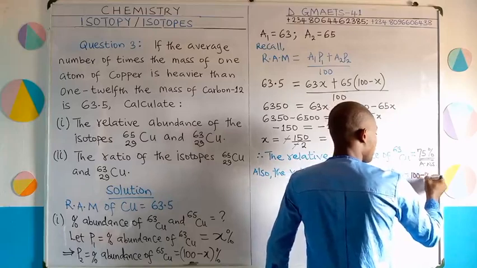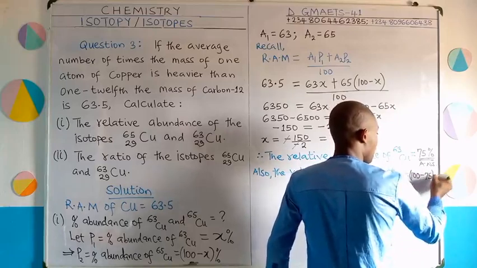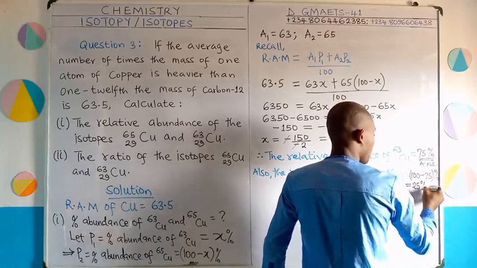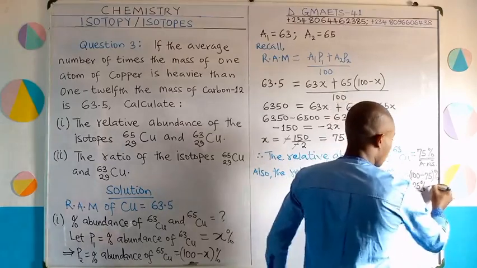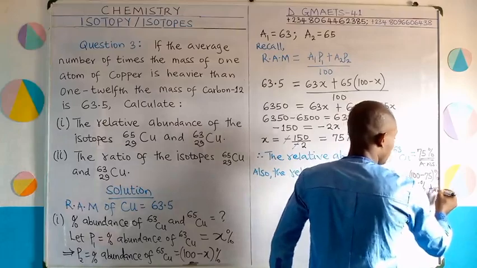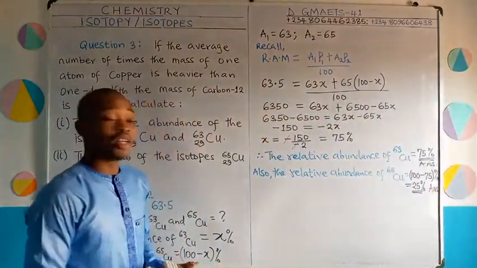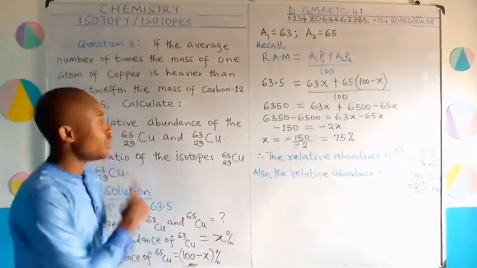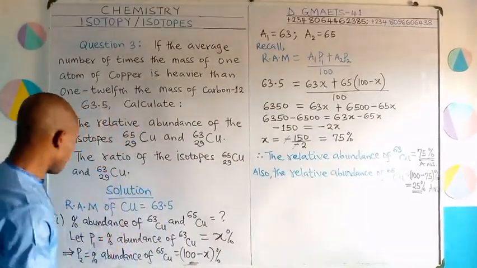So 100 minus 75%, and this is going to be equal to 25%. Answer, 25%. Good. So we've been able to get the relative abundance of the two isotopes of copper given in this question. And we are done with the first part of the question.